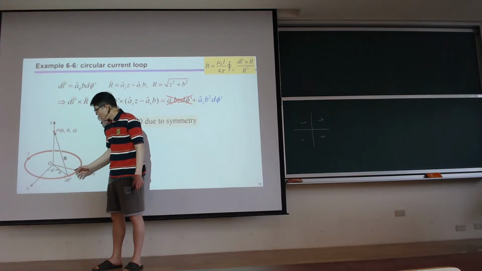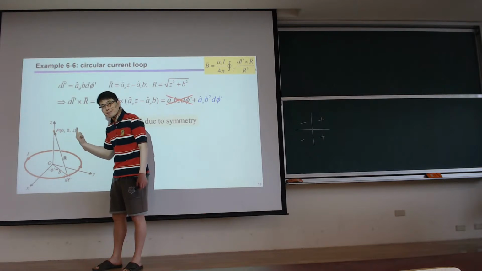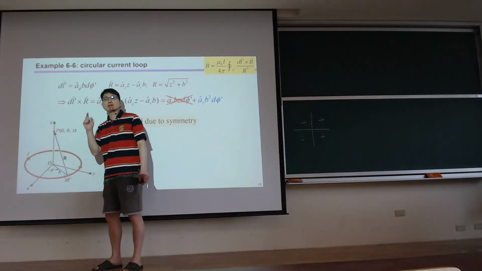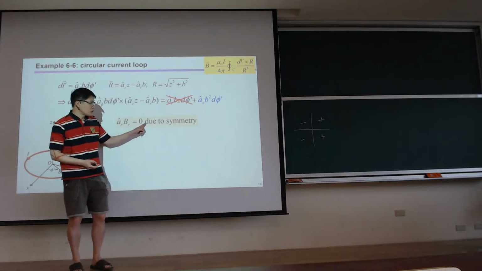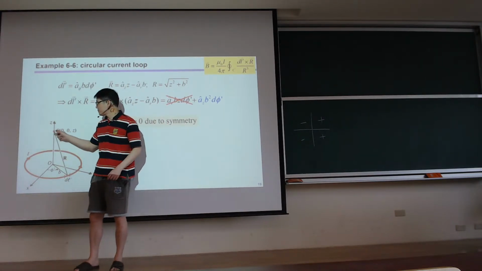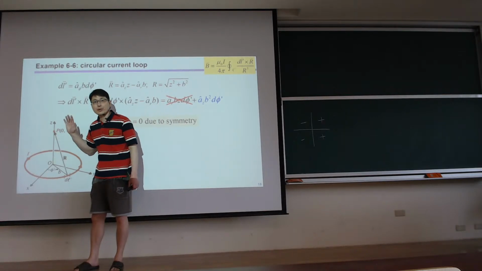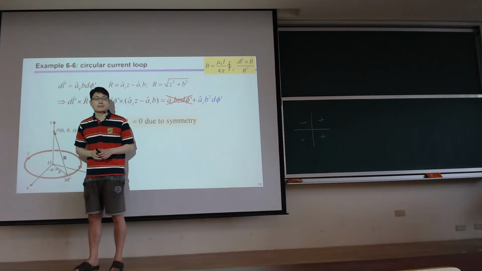So therefore, all the segments will give you R component and Z component, but eventually this one and that one will cancel out in terms of the R component. Okay? So in this case, it's due to the symmetry of my observation point being exactly at the top of the center of the circular loop. Therefore, you only have remaining Z component in terms of B.